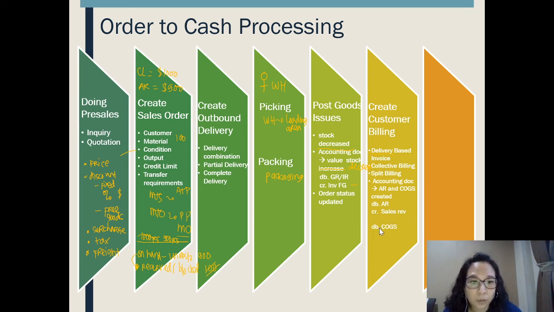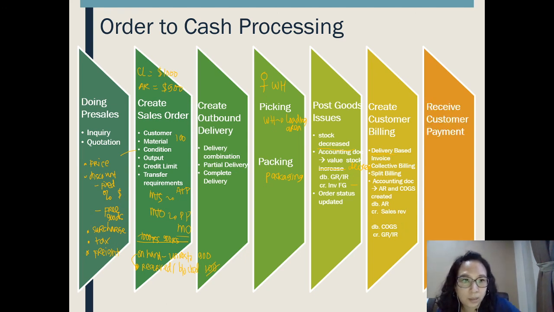And then we also note the COGS, which previously was supposed to be in here. Later on, during the customer billing, the COGS will be created. So if you see here, the GRIR will be deducted, so what remains is COGS and inventory finished goods.